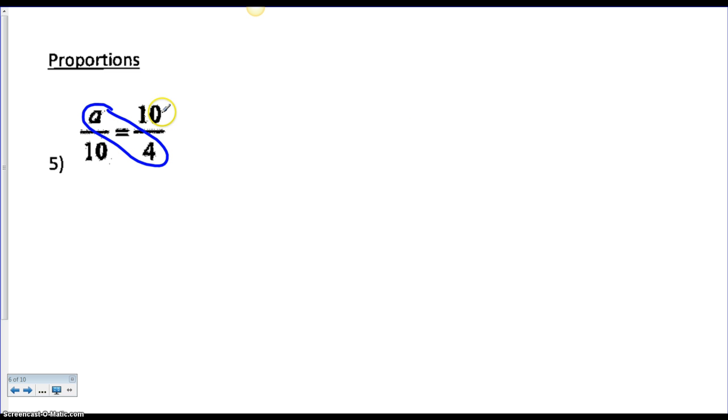So I'm going to take the numerator of this fraction and multiply it by the denominator of this one. So I have 4 times a, and then I'm going to multiply these two numbers together, 10 times 10. So I have 4a equals 100.